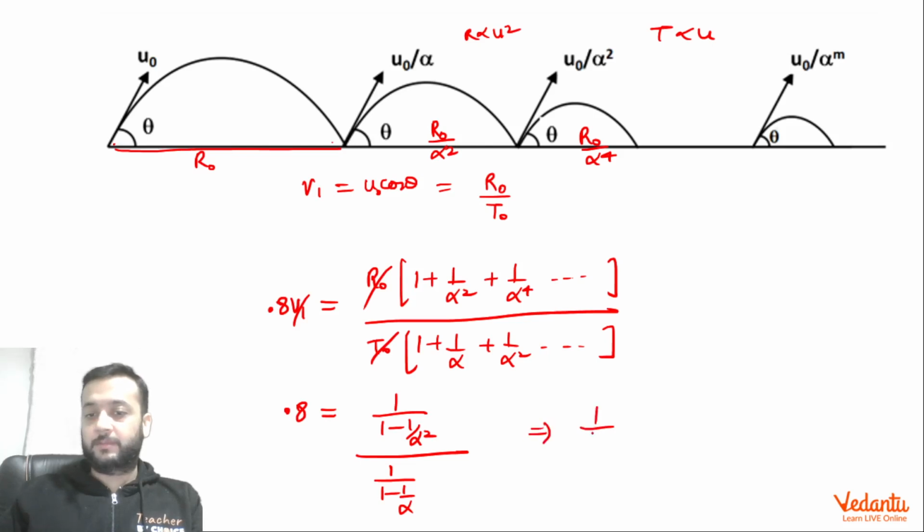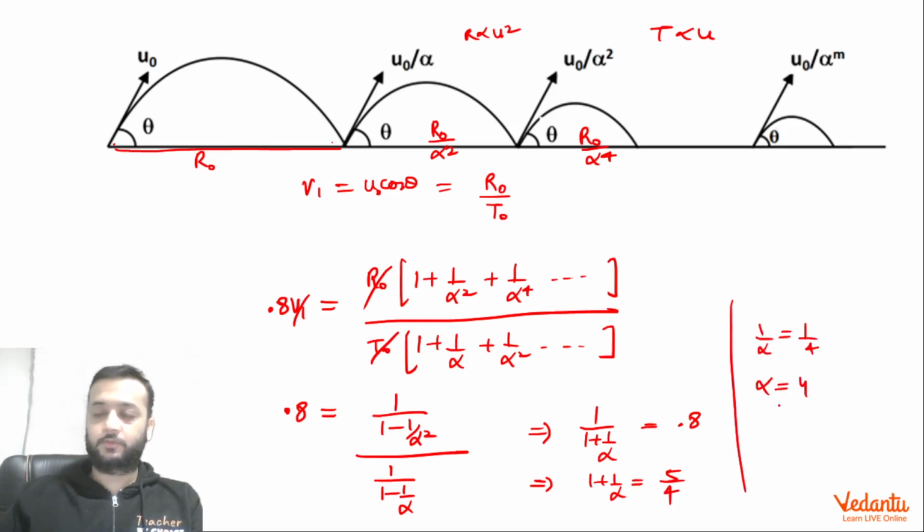So this will become 1 upon 1 plus 1 by alpha, which is 0.8. Which means 1 plus 1 by alpha is 10 by 8, so 5 by 4. So 1 by alpha is 1 by 4, and that means alpha is 4.